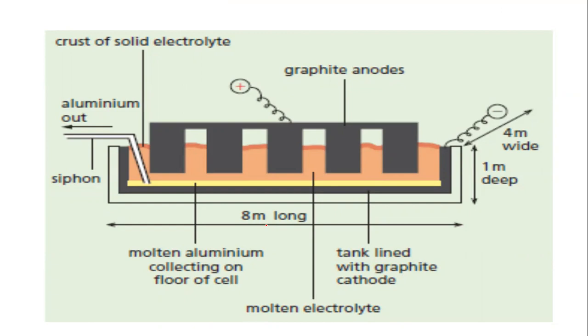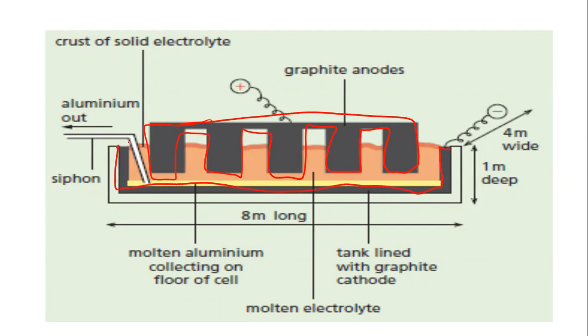Now the cell for aluminium oxide electrolysis looks different, but it's the same thing. Whatever concept you and I have covered, it's the exact same concept. The only difference is that it just looks a bit different. How does it look a bit different? I'll just show it to you. All of these are your anodes. If you remember, anodes are the positive terminals. All of these are your anodes, and your cathode is actually over here.